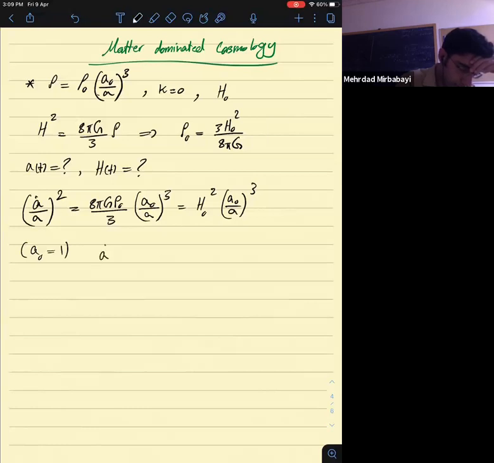Then I get a dot times a to the 1/2 is equal to H naught, which tells me that 2/3 a to the 3/2 is equal to H naught t.